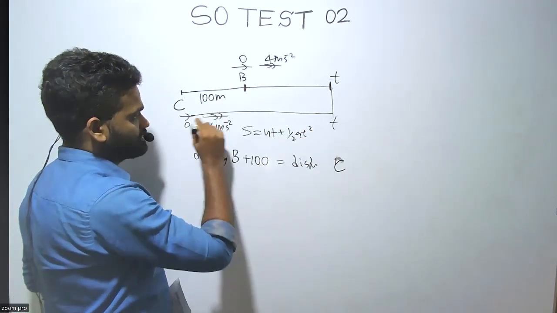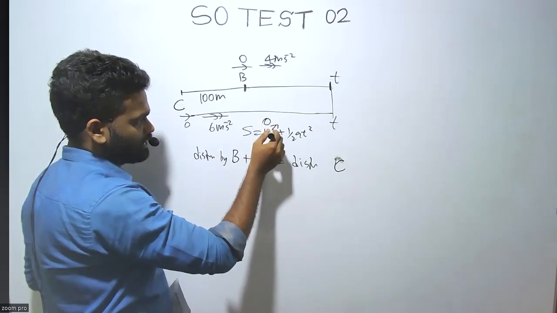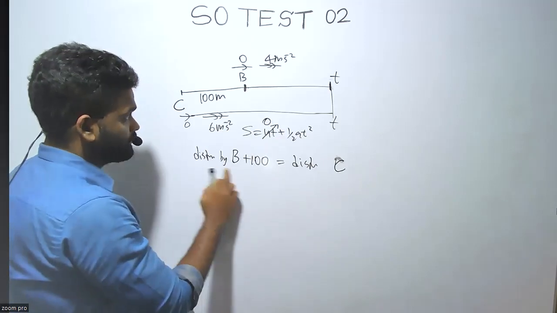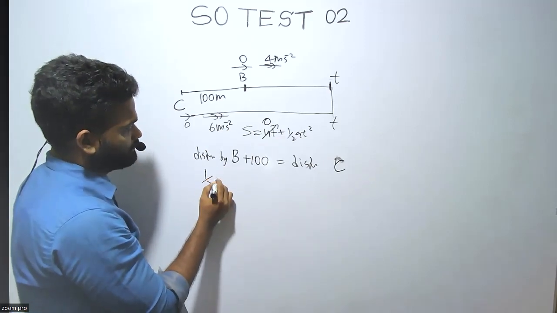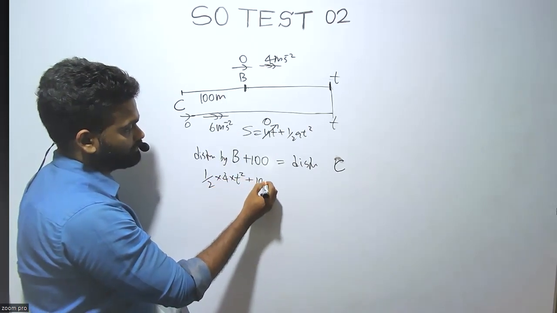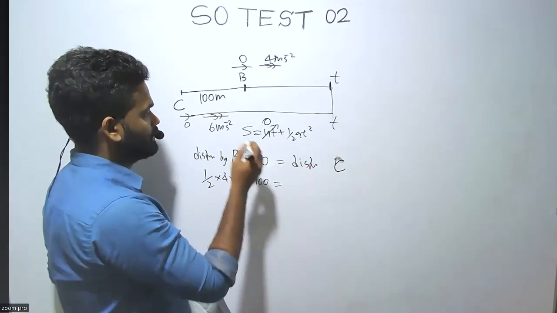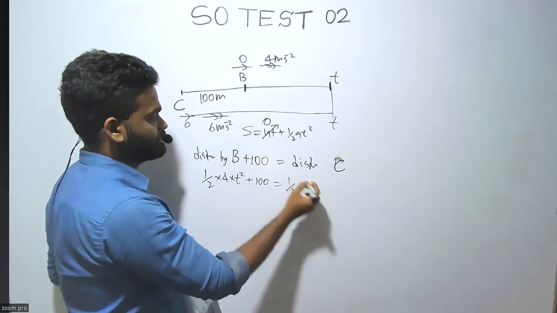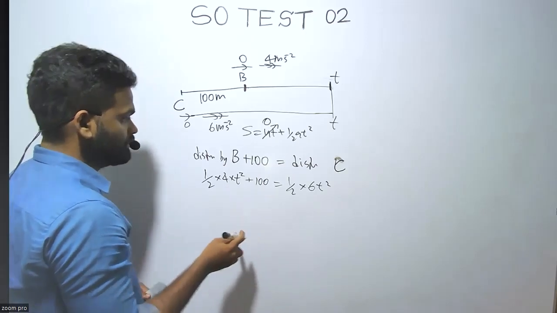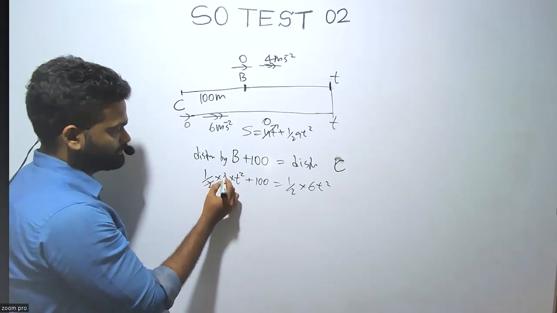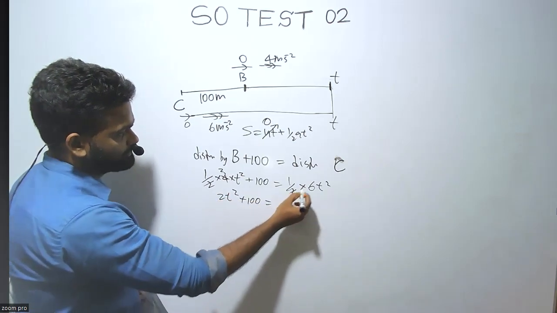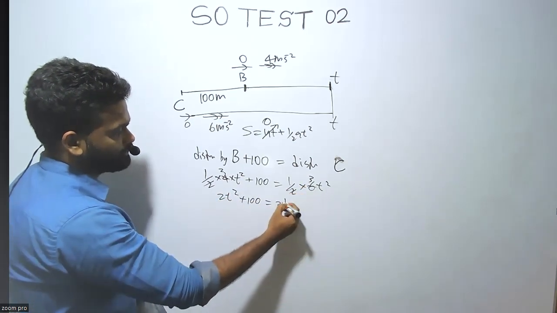For both cases, initial velocity is 0, so I'm getting rid of that. So you can apply half a t squared. For the bus, half times acceleration 4 times t squared plus 100 equals, for the car, half times acceleration 6 times t squared. 2 t squared plus 100 equals 3 t squared.